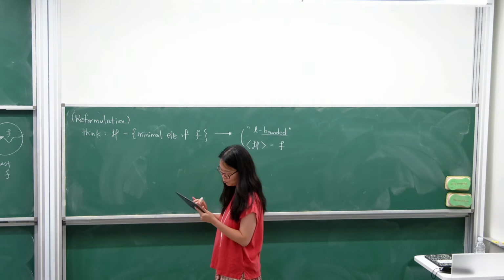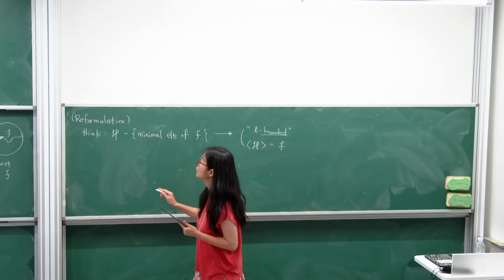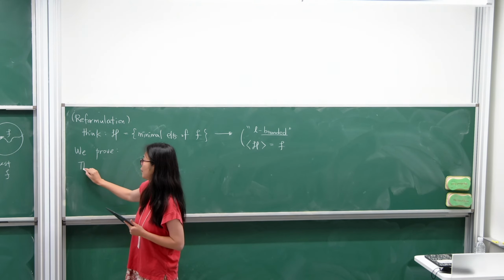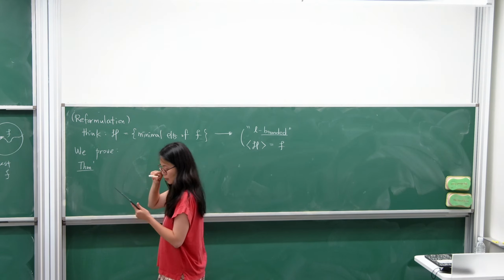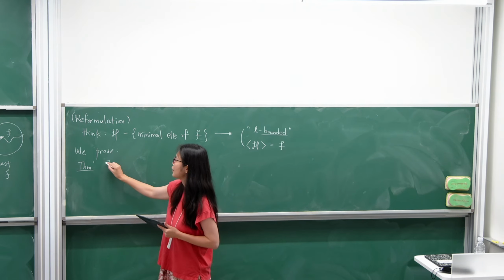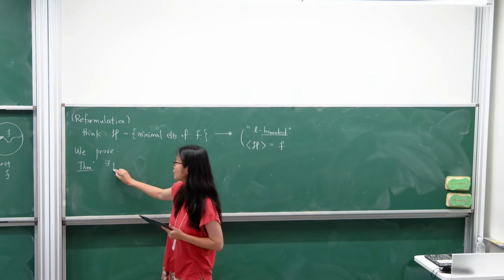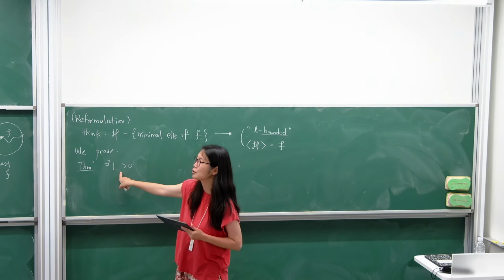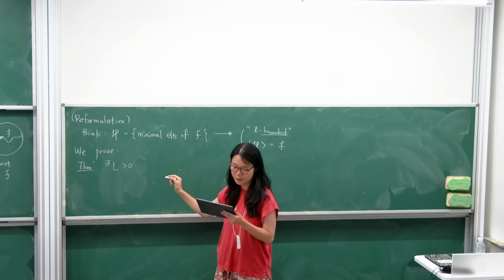We are on the way to the reformulation, and so here, this is the statement that we prove. Let me call this Theorem Prime. There exists some universal constant L. I changed K to L because L is a different constant from K, but this is universal.